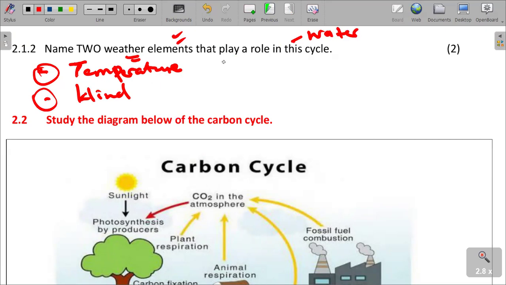We cannot forget number three, rainfall, because if there is no rainfall, we cannot have the water cycle. So rainfall is quite important, as it is adding the water that we are talking about.